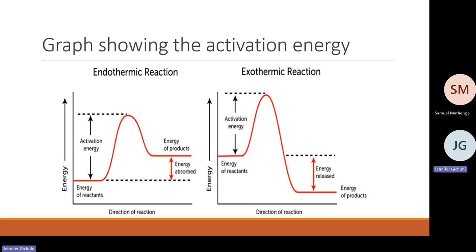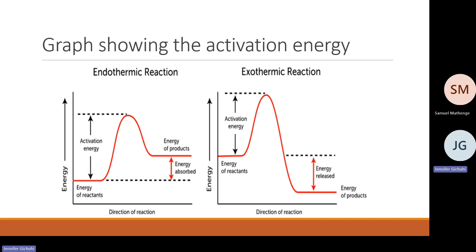Now, you note that the curve is moving from the level of the reactant, it is going all the way up, and it is making a hill. Now, the distance from the top of the hill, you can see it is well extrapolated up to where we have the reactants. That is the energy that is known as the activation energy.